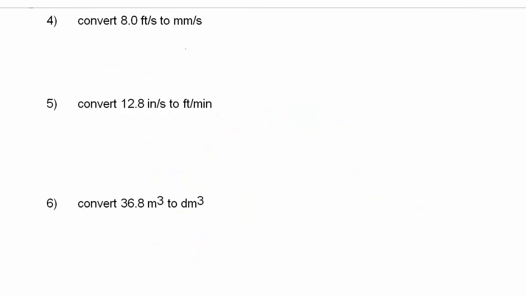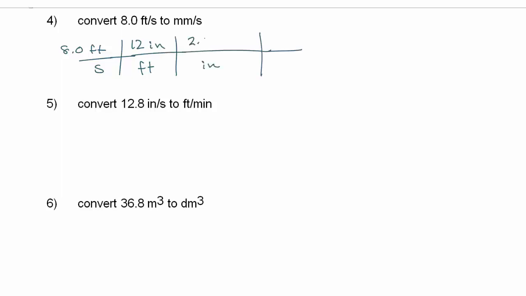Convert 8 feet per second to millimeters per second. 8.0 feet per second, and get into millimeters per second. So notice how I wrote that. I left foot clearly in the numerator and seconds clearly in the denominator. And I have to get to millimeters. I know that in a foot I have 12 inches. In an inch, there's 2.54 centimeters. I gave you that conversion up top. And then in a centimeter to meters, I know that I have 100.